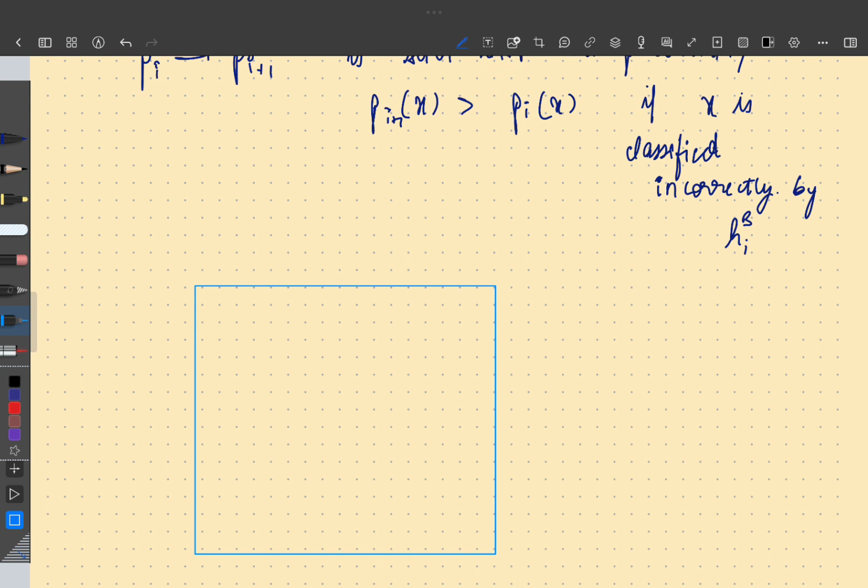I'm sorry, I didn't understand this connection: since there is more probability, and the misclassified sample will appear more number of times, how does this increase the probability of it being classified correctly? Because in the next step, let's suppose that you see a lot of samples. Suppose that x appears multiple times in Si plus 1.